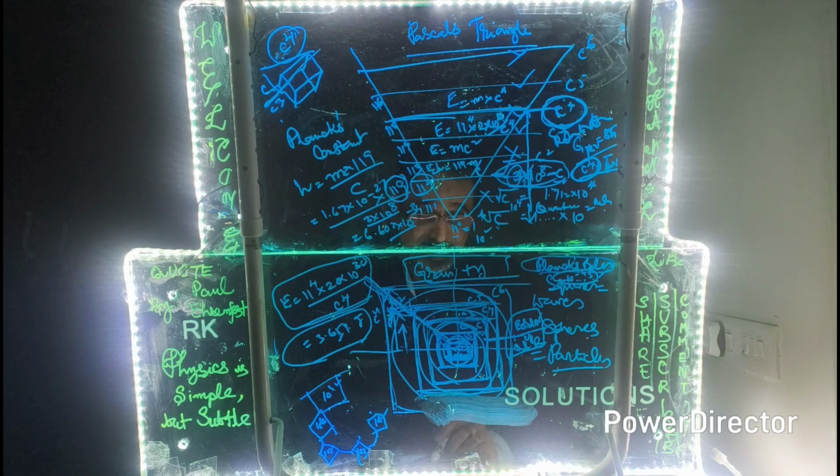See, what is this scale? That scale is the mass, you can guess the mass itself, in kg. If this is proton, this is sun.